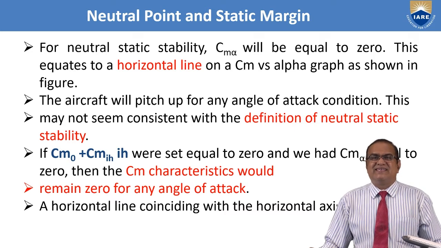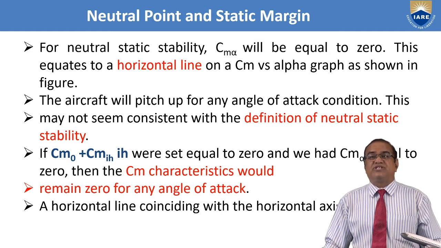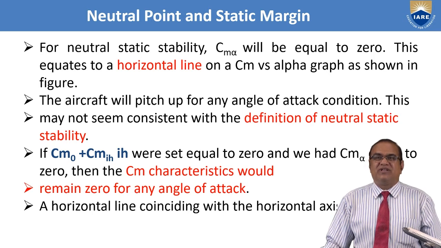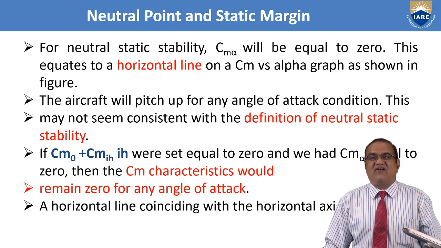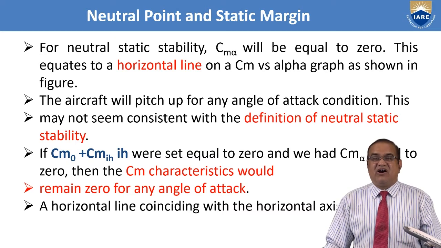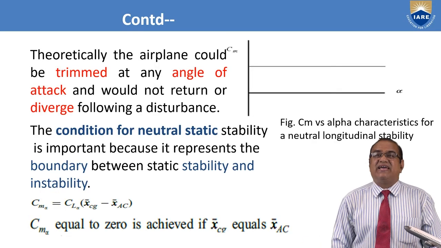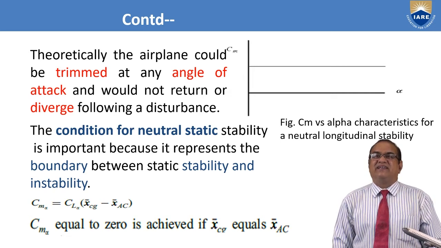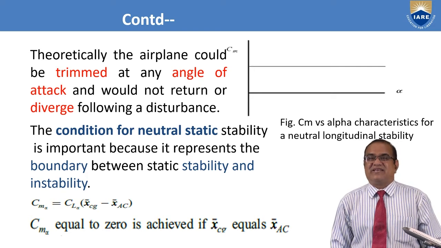So if here Cm naught plus Cm i_h were set equal to 0 and we had Cm alpha equal to 0, then the Cm characteristic would remain 0 for any angle of attack, a horizontal line coinciding with the horizontal axis. So theoretically the airplane could be trimmed at an angle of attack and not return or diverge following a disturbance.